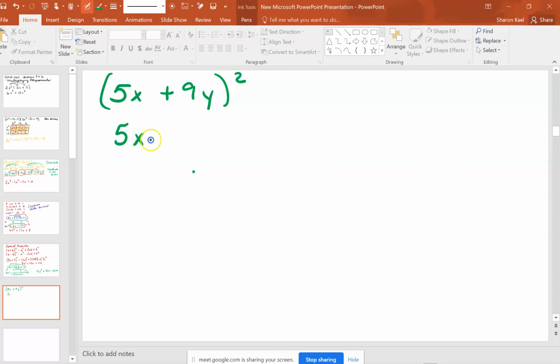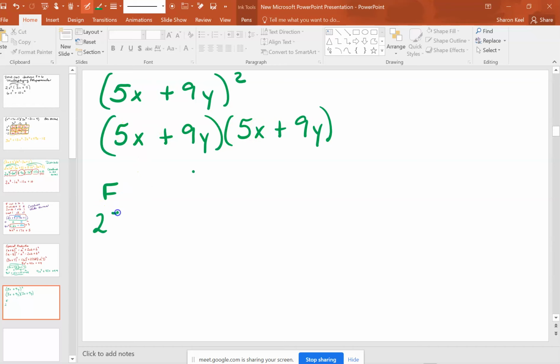If I'm going to use the FOIL method, I'm going to write 5x plus 9y two times because it's twice. I'm going to multiply my first. 5 times 5 gives me 25, and then I have x squared. My outside is 5x times 9y. 5 times 9 is 45. I have 1x and 1y.